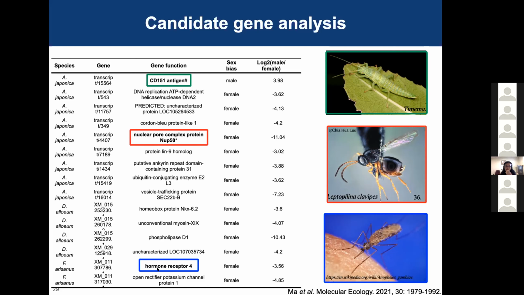And finally, there's another gene, hormone receptor 4, which codes for hormone receptor 4. They found that in some Drosophila species, this gene mediates the precise timing of the steroid hormone.